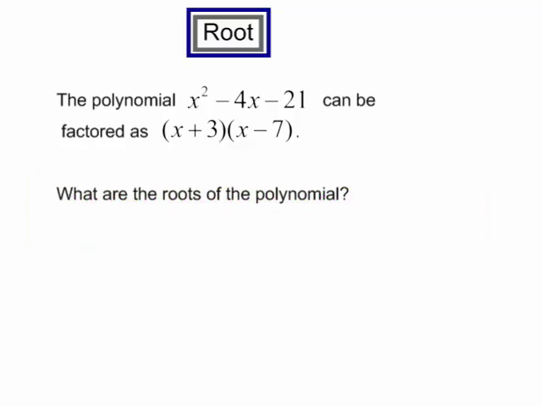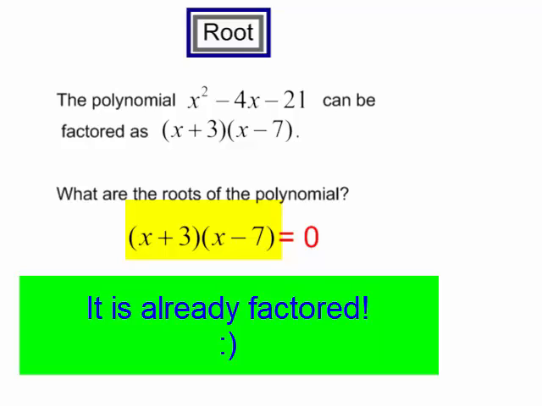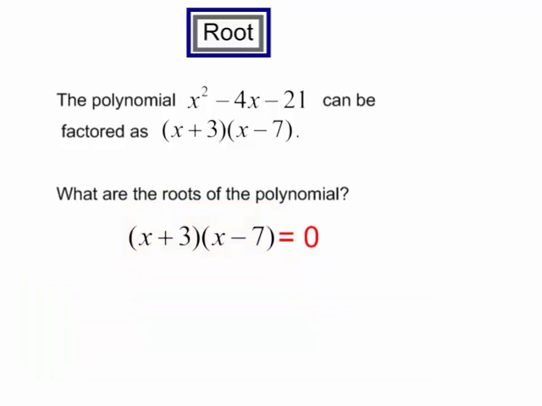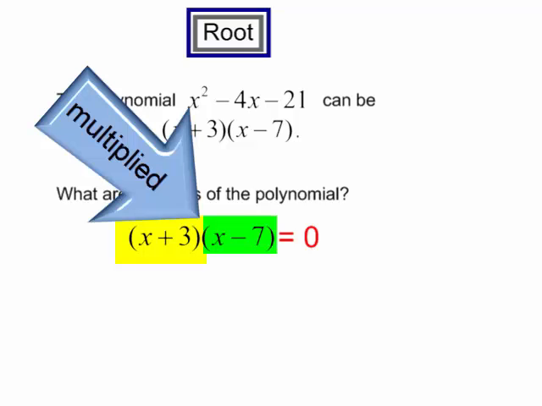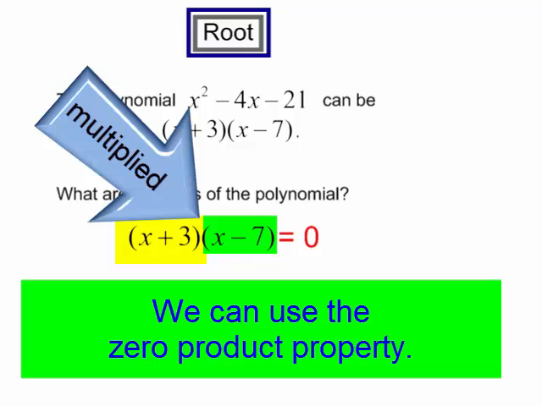So we're talking about setting it equal to 0, and it's already factored for us, and I use the zero product property. I have x plus 3 times x minus 7 equals 0.